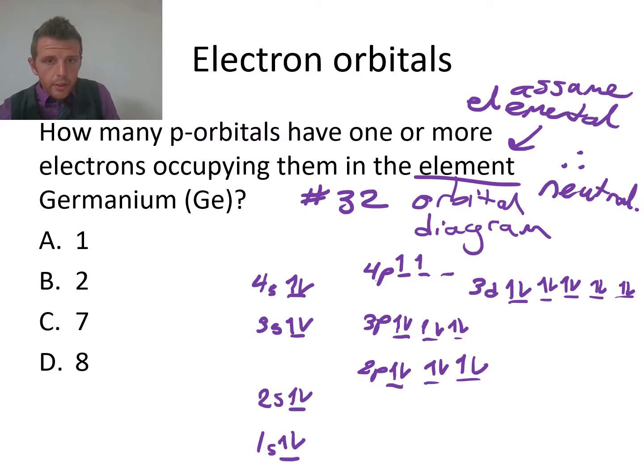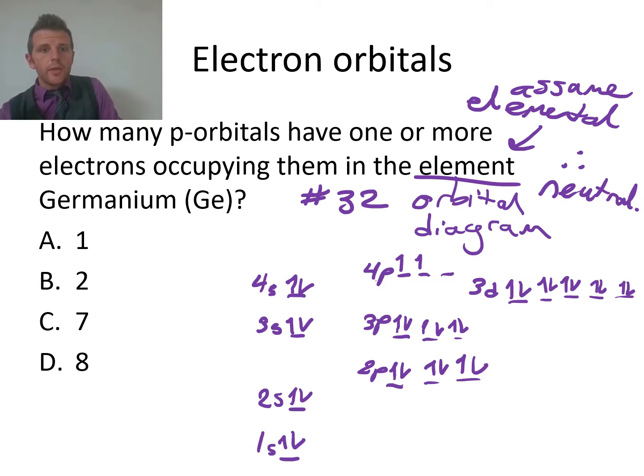All right, I'm going to take the time to count up my total electrons to make sure that they all are there. 2, 4, 6, 8, 10, 12, 14, 16, 18, 20, 32. Cool, so all my electrons are present and accounted for.